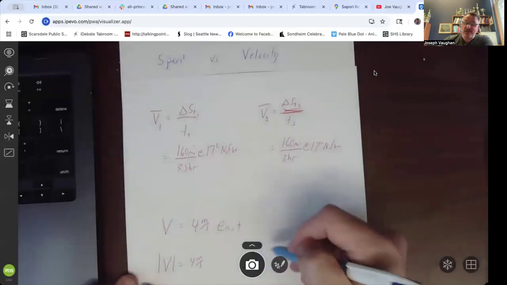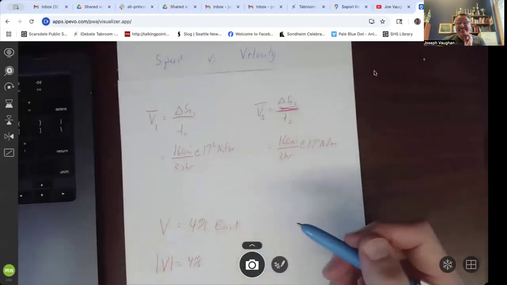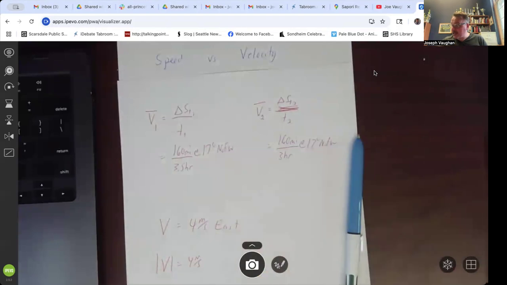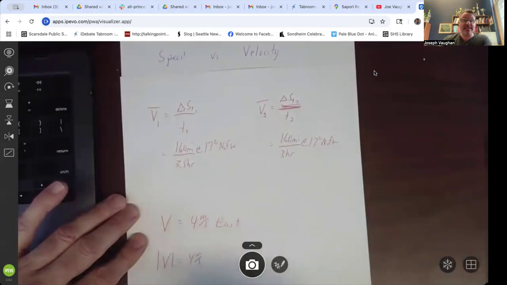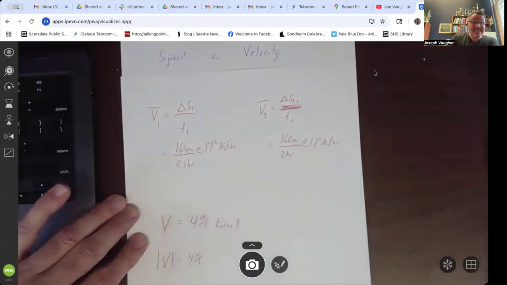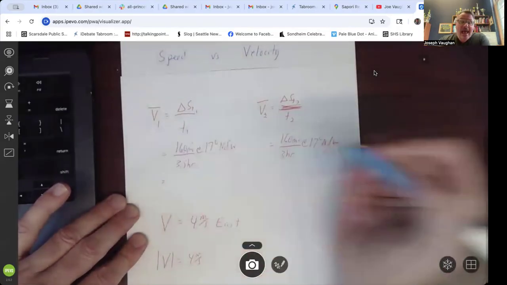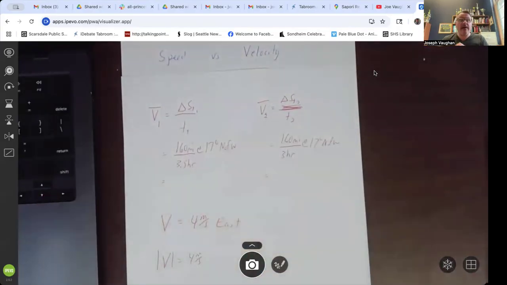So the magnitude of the instantaneous velocity is always the same thing as the instantaneous speed. But the magnitude of the average velocity is not going to be the same thing as the average speed because speed takes the path into account, velocity doesn't take the path into account, right? And so those are the differences between average velocity and average speed.